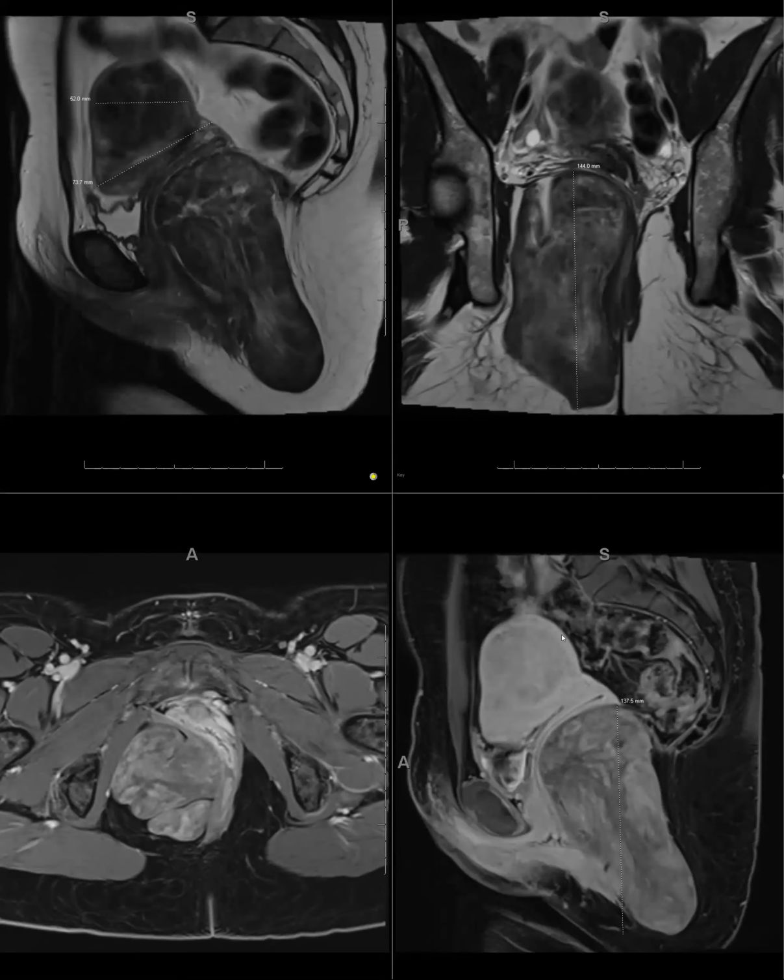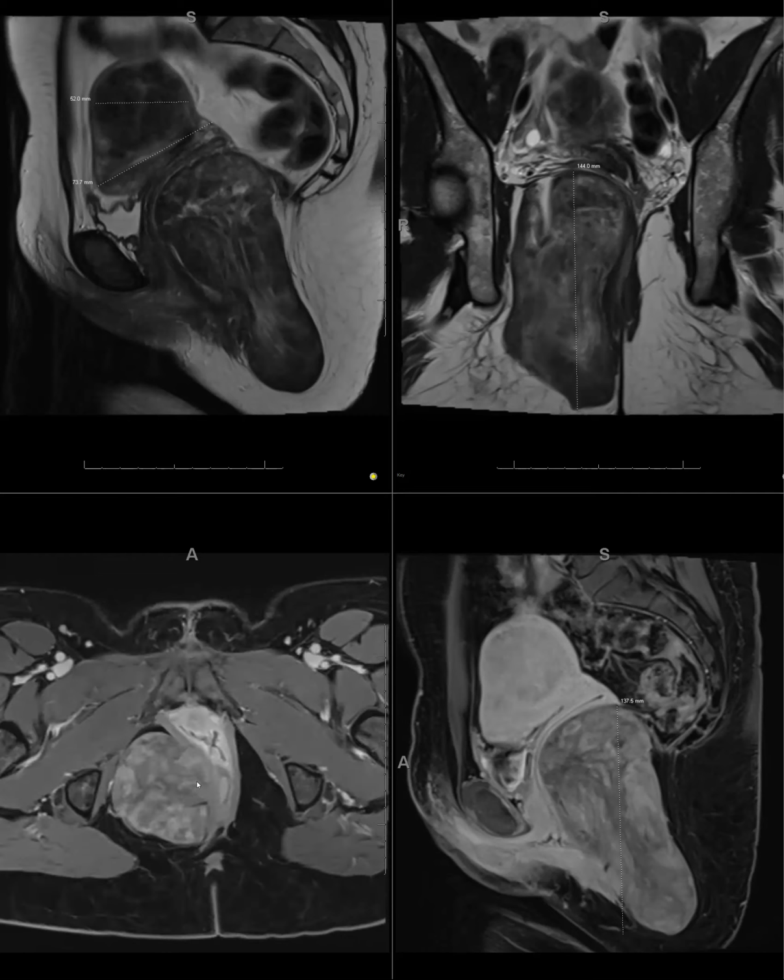Great job. Yeah. So the path came back with a low grade smooth muscle neoplasm, and they said an extrauterine leiomyoma. Wow. Crazy. Is it connected at all to anything? No, it's not. So it's really difficult to find.